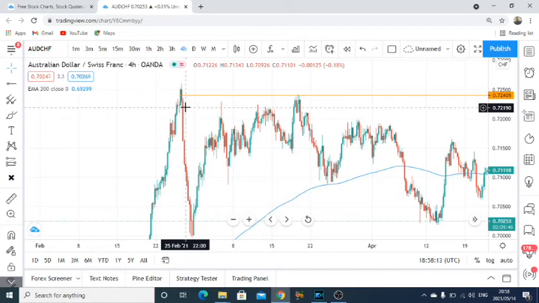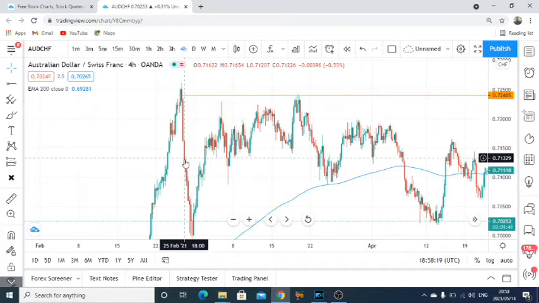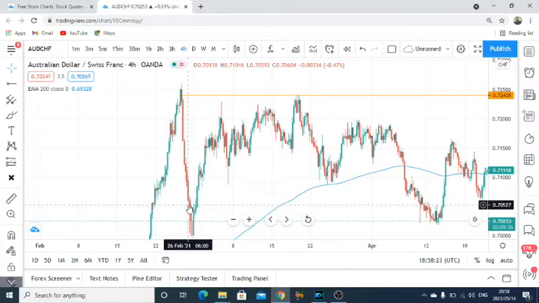So the only party that can push the market like this is the institution. So we know in this move there is an institution behind it, or this move was formed by the institution.